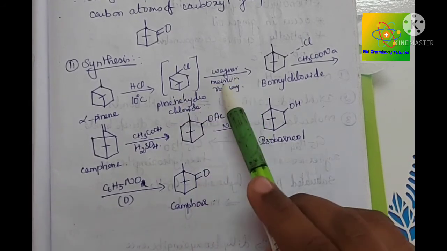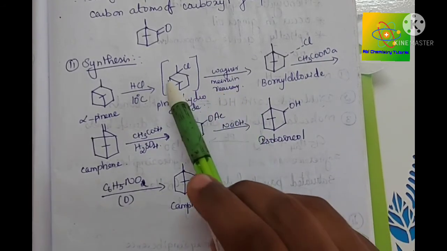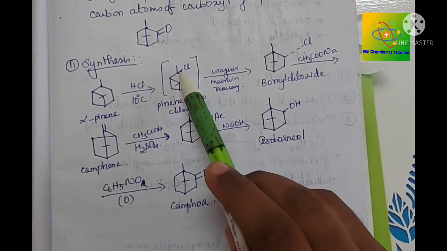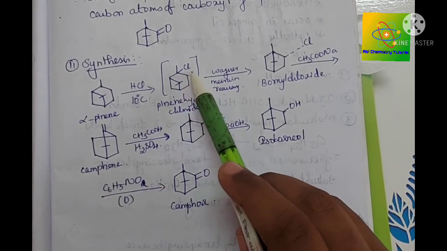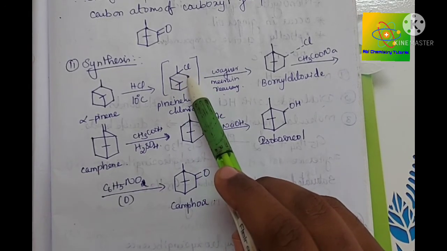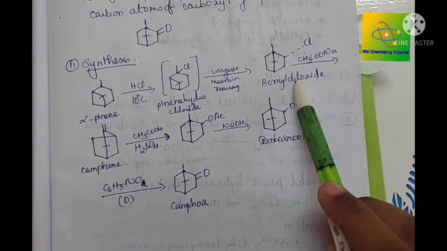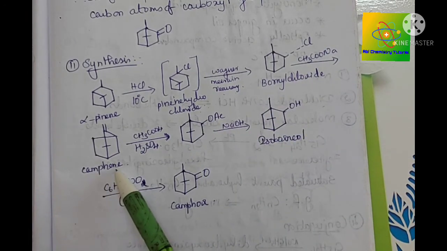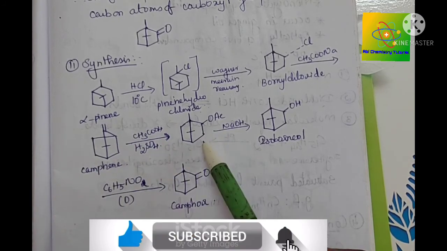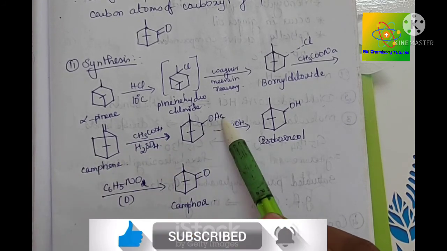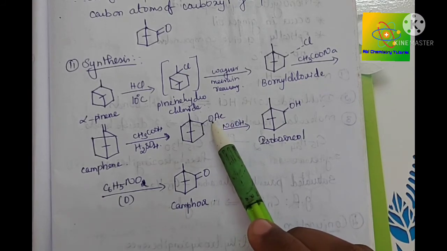And this on Wagner-Meerwein rearrangement, this bond shifts here and this chlorine is partially shifted to this carbon atom, and this is called bornyl chloride. And this on treatment with sodium acetate, we get a structure called camphene, and this camphene when treated with acetic acid and sulfuric acid, we get this compound with the acetate substituted at this carbon atom.